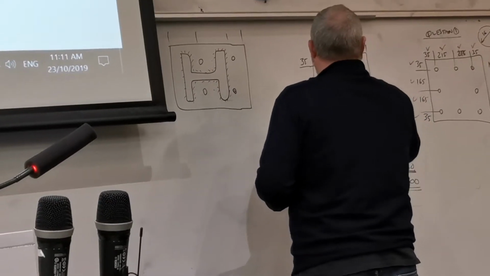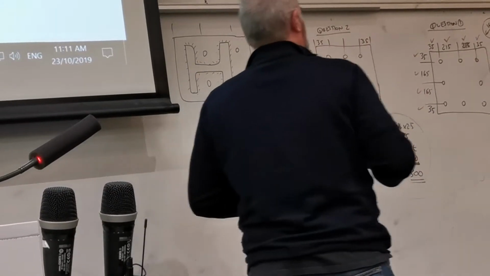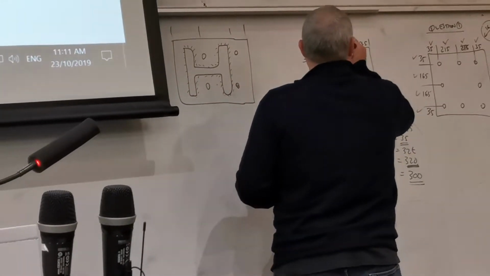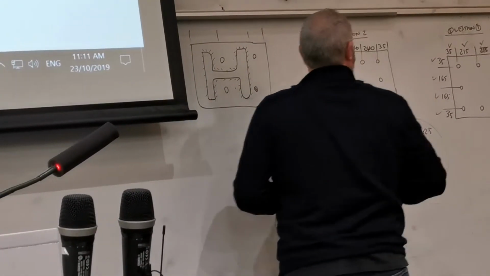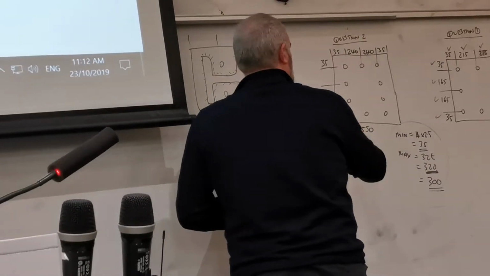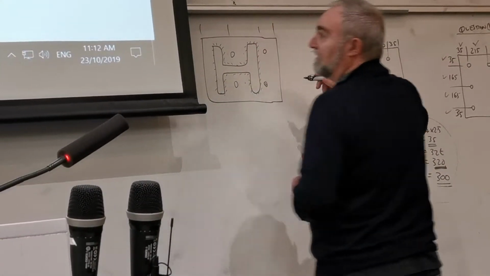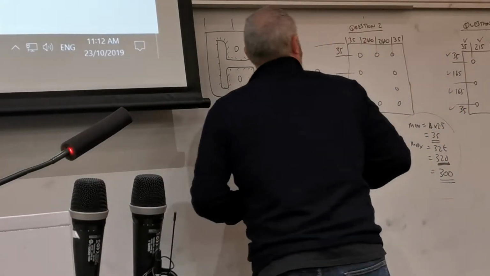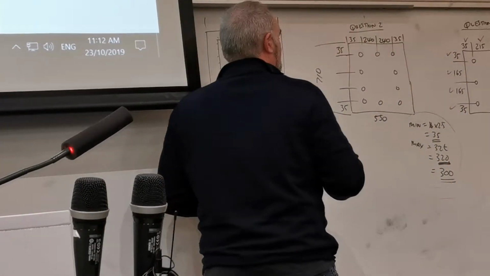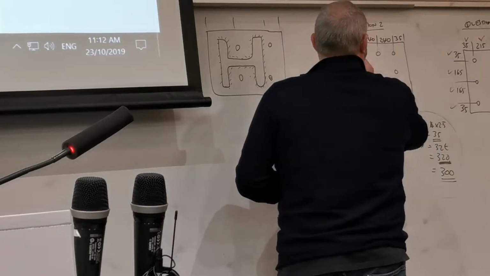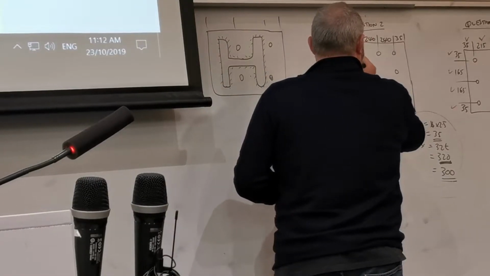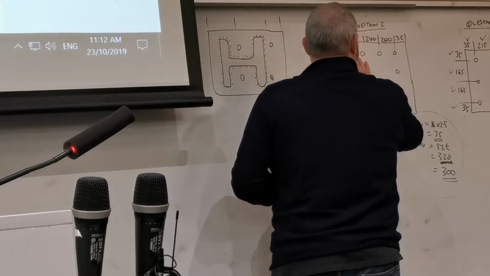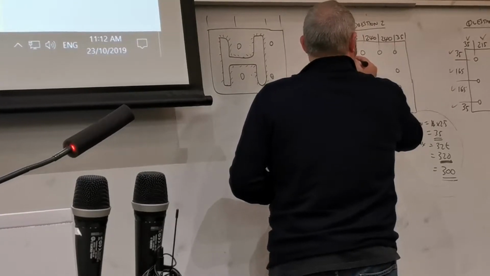In this particular case, 550 minus 70 equals 480, divided by 2 is 240. And in this case, it is 710. 710 minus 70 equals 640, divided by 3 is 213.3, yeah.